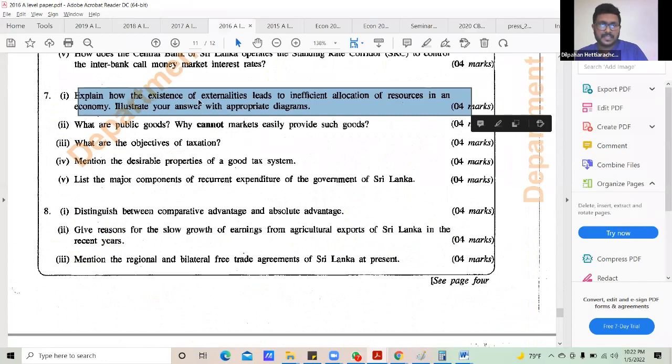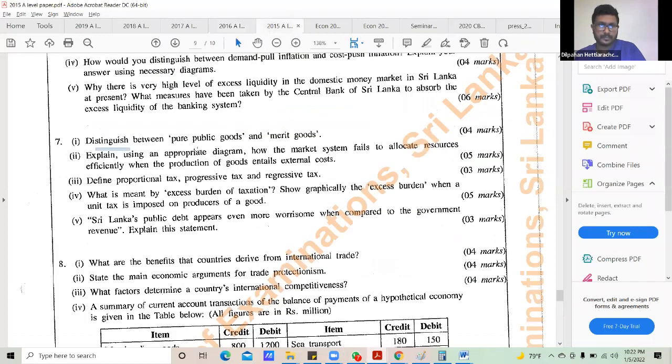Explain how the existence of externalities leads to inefficient allocation of resources in an economy. So in this question, they are not specifically mentioning one externality. Basically, they are asking about all four externalities in this diagram, right? And 2015, once again, there is a question.